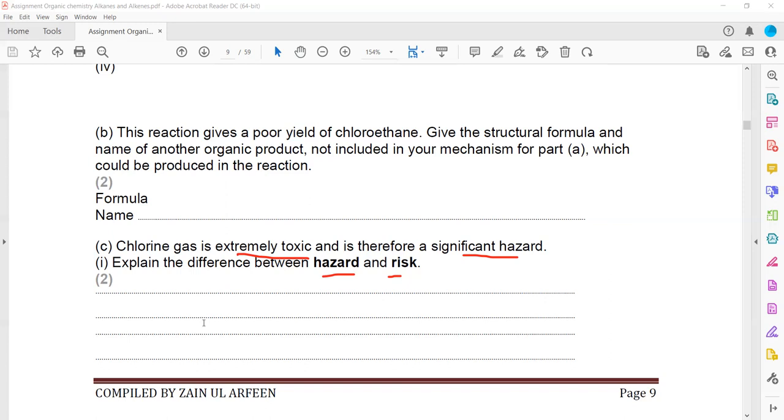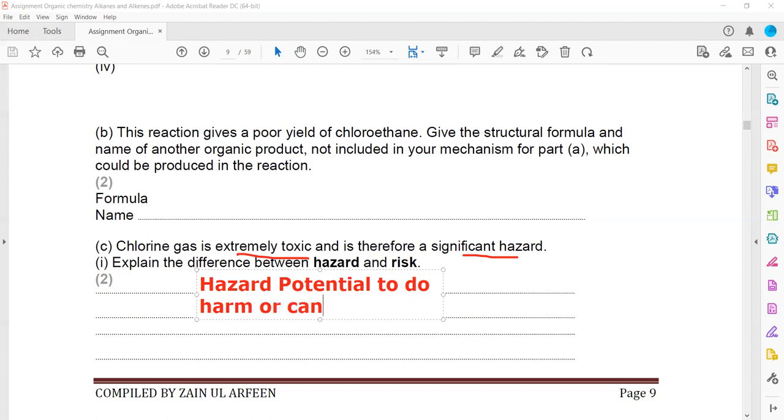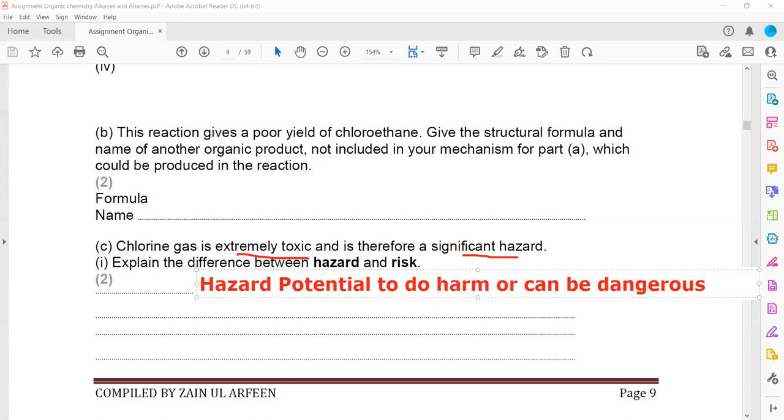So the definition of a hazard: a hazard may cause harm or has the potential to do harm, or can be dangerous. But what about risk?